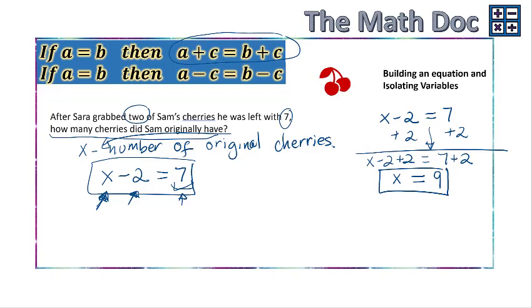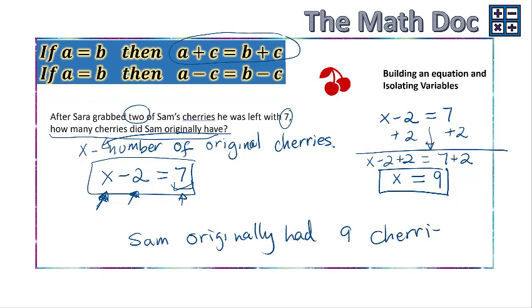So our answer is Sam originally had 9 cherries. Okay. We will have another example where we go through this process slowly, and we will have many more videos emphasizing how to build an equation out of a word problem.